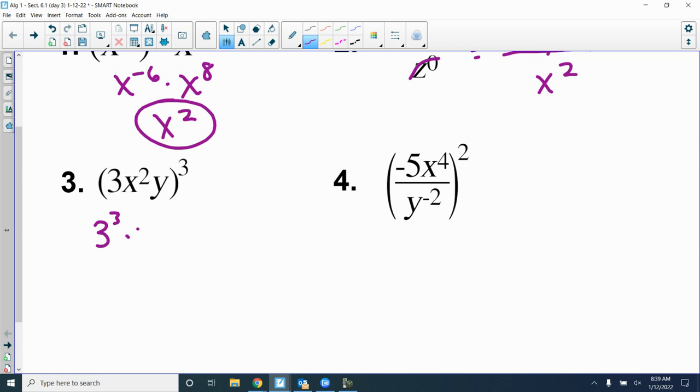Times what? X squared gets cubed, and y to the first gets cubed. That's the way you got to think of it right there. Everything gets cubed. All right? So simplify that. If you haven't done it, take 10 seconds and do it.